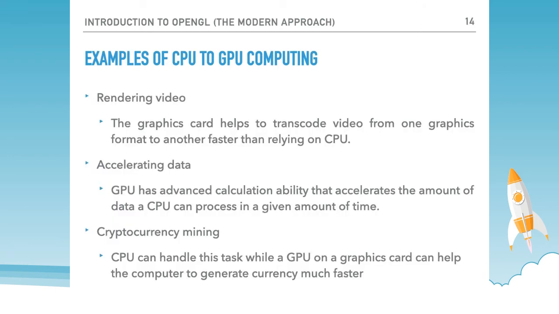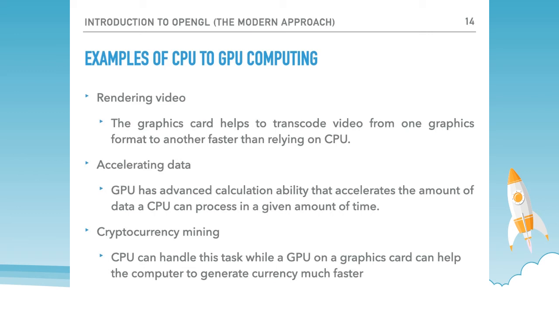Let's take a look at some examples of CPU to GPU computing. The first example is rendering video. The graphics card helps transcode video from one graphics format to another faster than relying on a CPU. The second example is accelerating data.